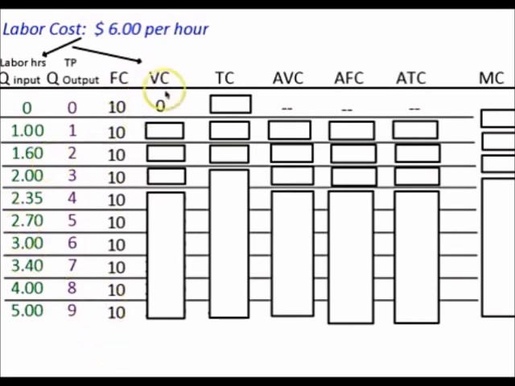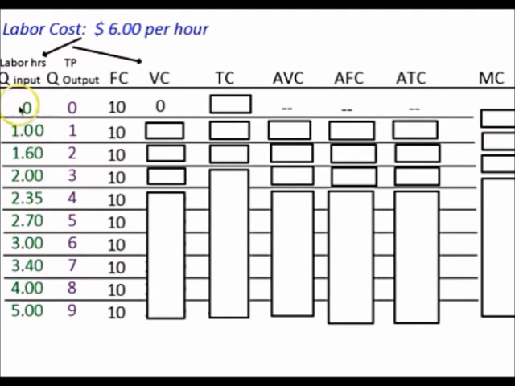Now to calculate variable cost, take the cost of the input per unit, in this case it's per hour, and multiply it by the quantity of input. So we're assuming that these are labor hours, 1 hour of work, 1.6 hours, 2 hours of work, 2.35 hours of work, and the cost is $6 per hour.